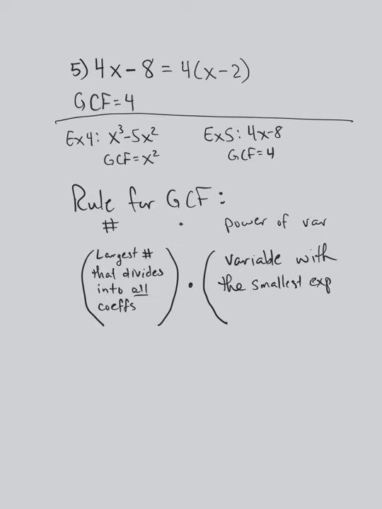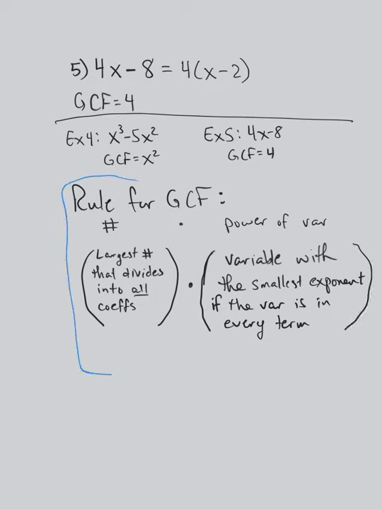Now this one's a little bit of a caveat, and we've got to be careful with this. The only way a GCF ends up having the variable in it is if the variable has to appear in every term. So it's the variable with the smallest exponent if the variable is in every term. I'll explain that in a minute too once we see an example. But we can take this as a rule for finding a GCF.